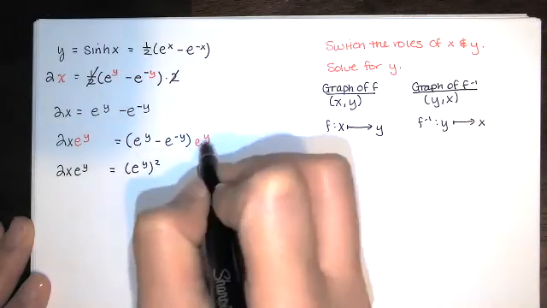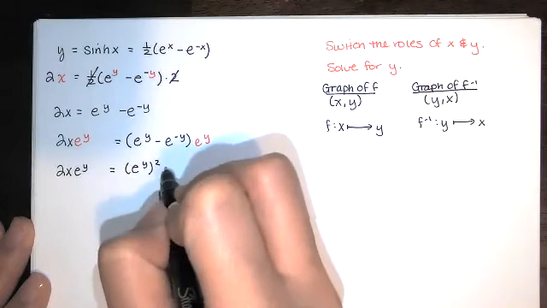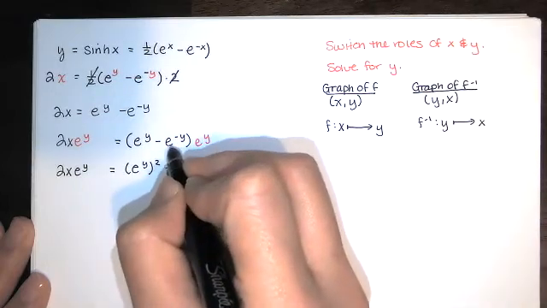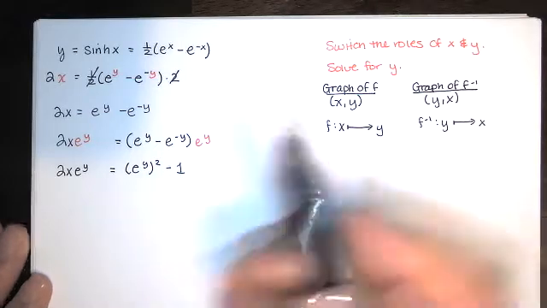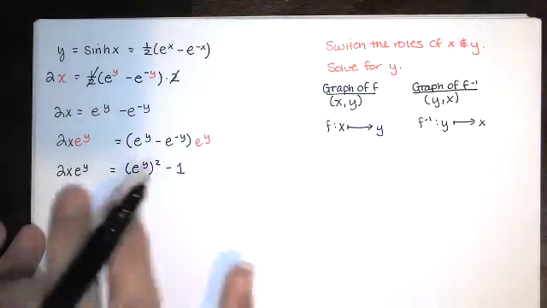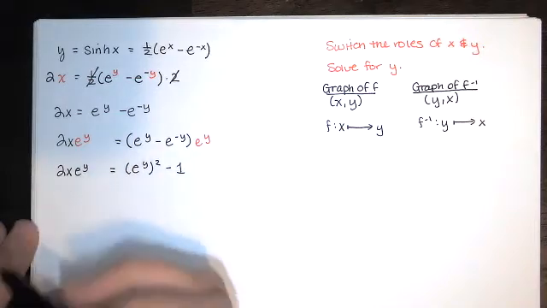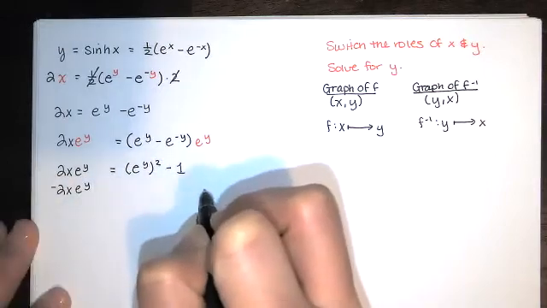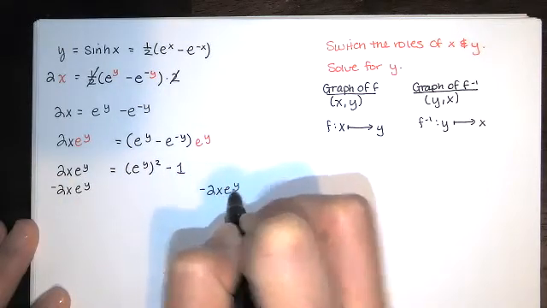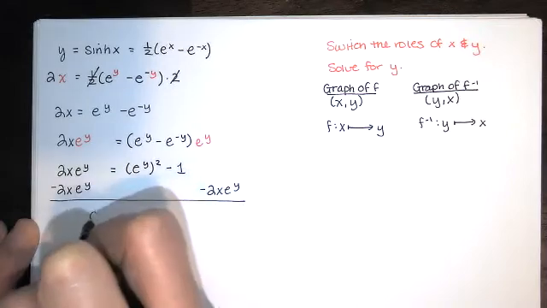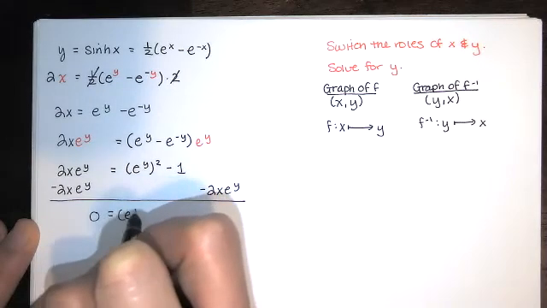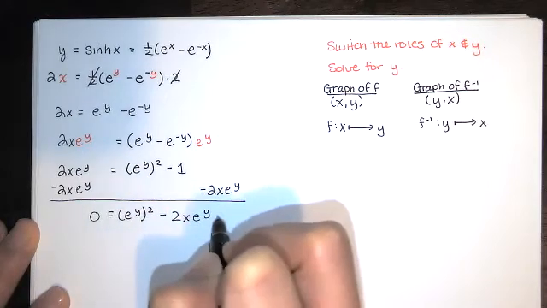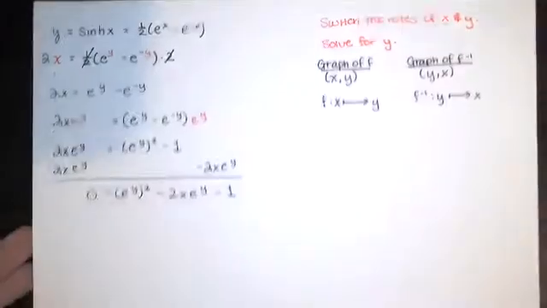And this e to the negative y times e to the y can be simplified this way. You just add the exponents. Negative y plus y is 0, so that's e to the 0, which is 1. Do you see it? It's quadratic in e to the y, even though it doesn't look like it. If it's not obvious to you, let's subtract that negative 2x times e to the y from both sides. And so we have 0 equals (e to the y) squared minus 2x times e to the y minus 1.